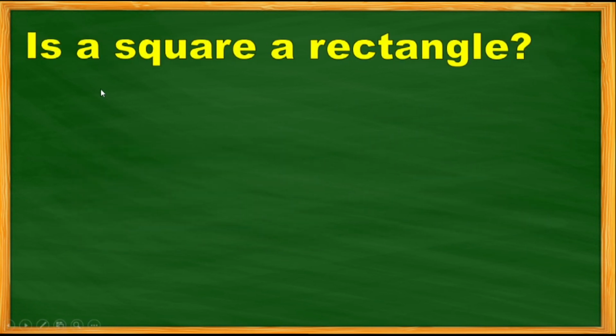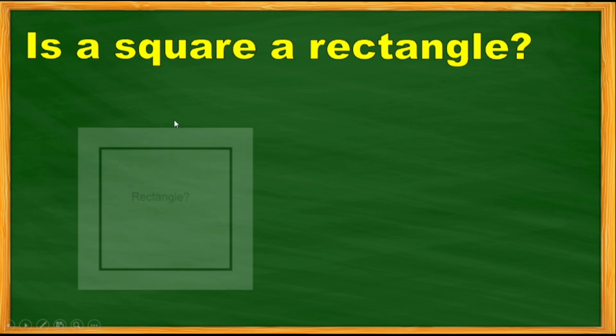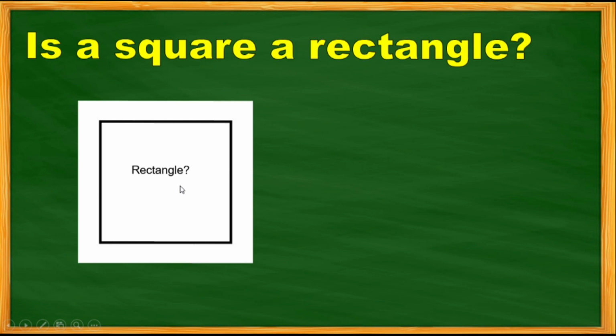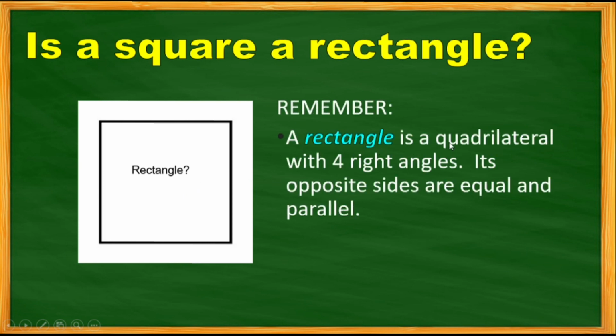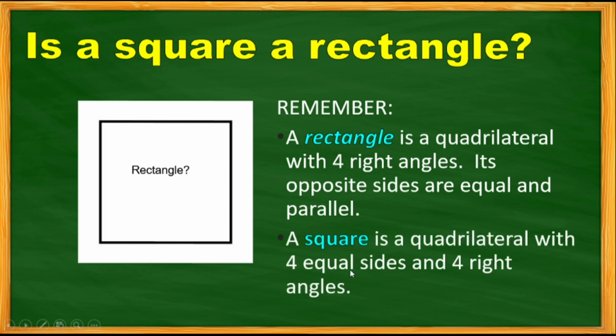So here is a question: is a square a rectangle? Remember, a rectangle is a quadrilateral with 4 right angles. Its opposite sides are equal and parallel. And a square is a quadrilateral with 4 equal sides and 4 right angles.